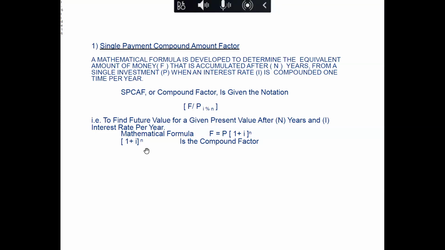If I give you 100 naira now, that 100 naira is what we call the present value. And I told you that the interest rate is 20% per annum. Who will tell me the worth of that money after 1 year? By December, after 12 months, how much is 100 naira worth? Who can answer it?